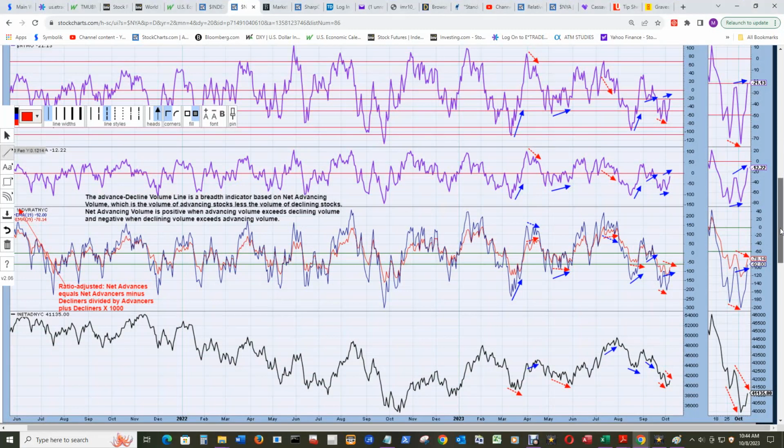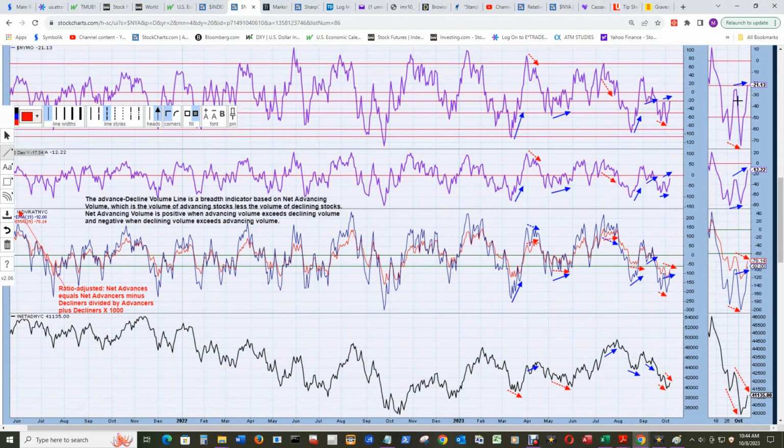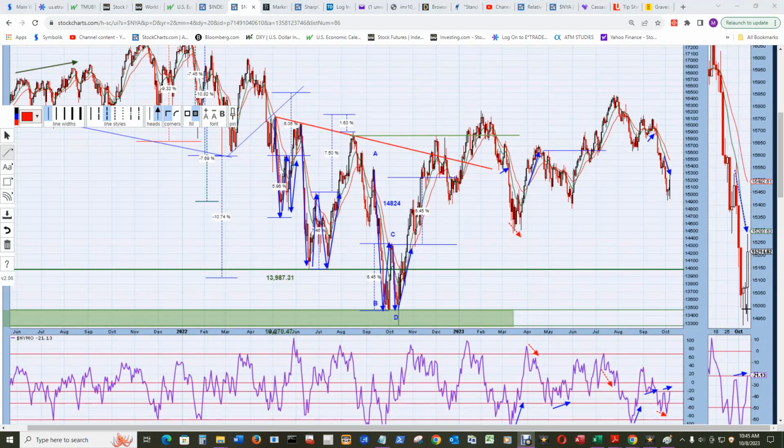The New York McClellan breadth oscillator NYA at the top, McClellan volume oscillator here, volume for the stocks only AD line 39 in red, 19 in blue, and then finally the stocks only AD line. So not as bearish. And then sure enough, price did take off, and you can see the price arrow here from that same area pointed down to the top of this.